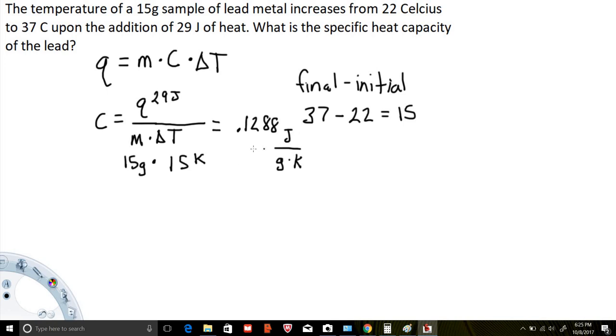And I recommend writing out the units because it's only going to help you in the long run to make sure you're on the right track in the problem.